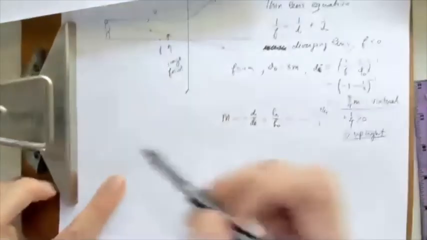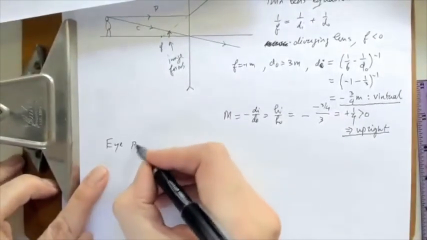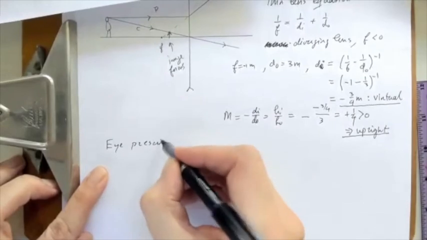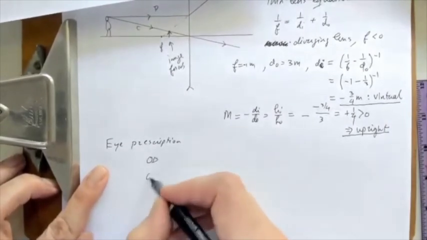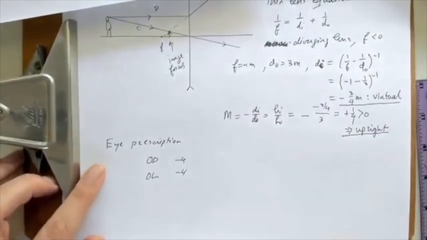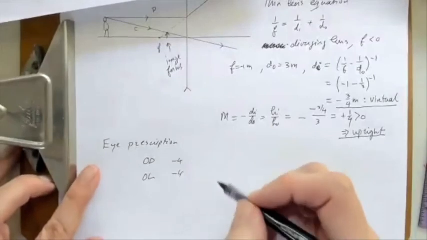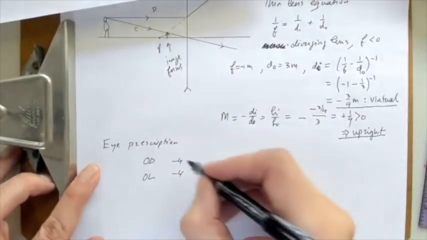But for instance, your eye prescription would say, for instance, OD, OL, -4, -4. One is left, one is right. Is it OD, OL? I'll look that up. What does this number mean?